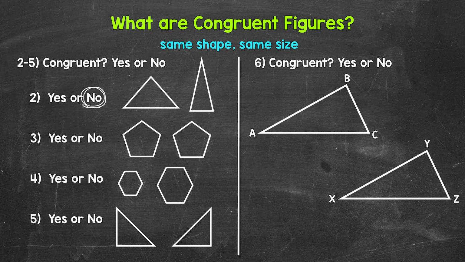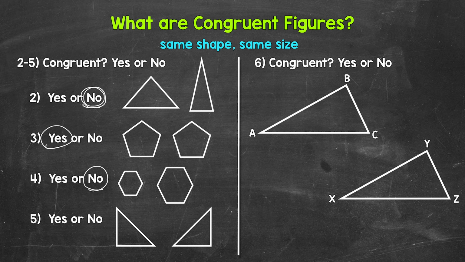So no, these triangles are not congruent. Moving on to number 3, we have two pentagons. The pentagons are the same shape and they are the same size. So yes, these pentagons are congruent. Moving on to number 4, we have two hexagons. And the hexagons are the same shape, but they're different sizes. So no, they are not congruent.